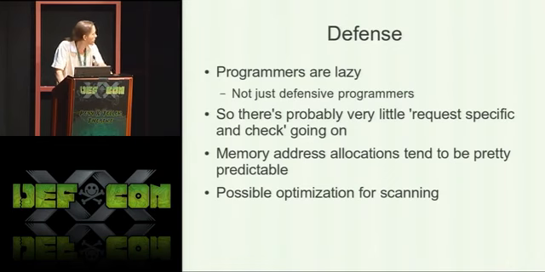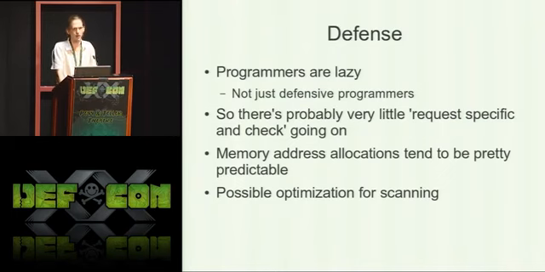Now, on the defensive side, programmers are lazy, yes, but it's not just defensive programmers, it's offensive programmers too. A perfect example is I threw this code together in about a week, and it's very procedural and not a stellar code example. So there's very little request-specific checking going on with most exploitation frameworks.